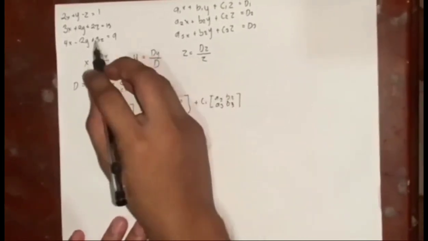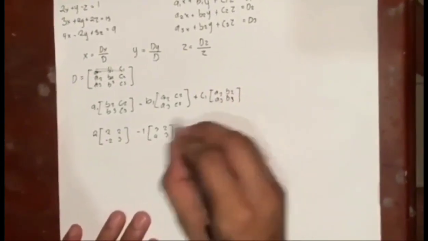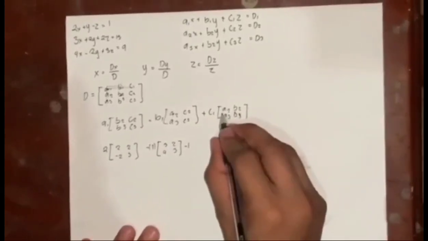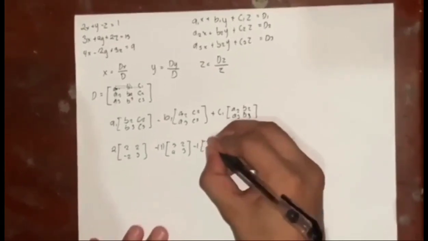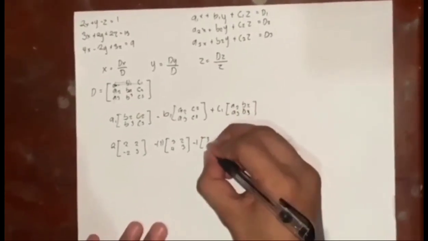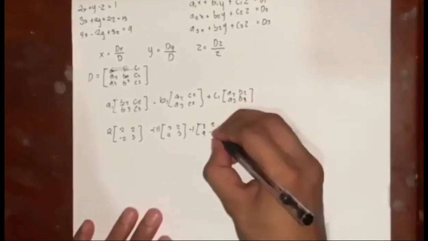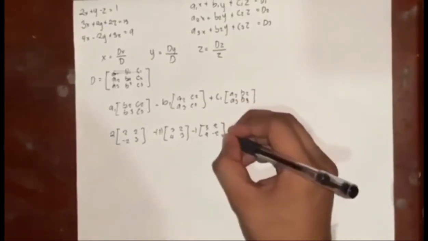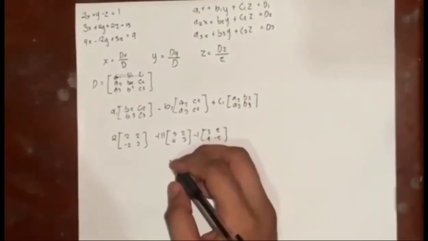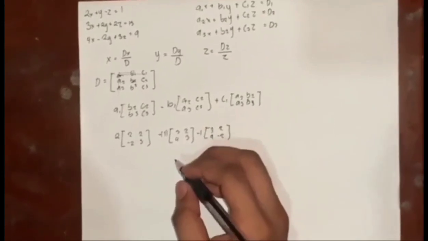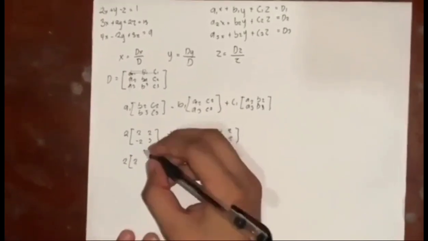And C1 is equal to negative 1. A2 is 3, A3 is 4, B2 is 2, and B3 is negative 2. Now we must cross multiply them.